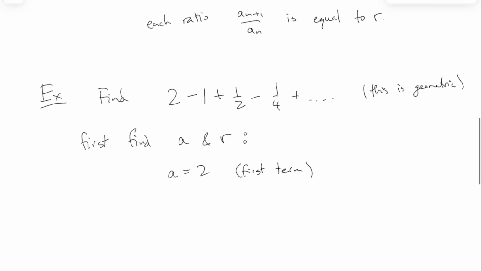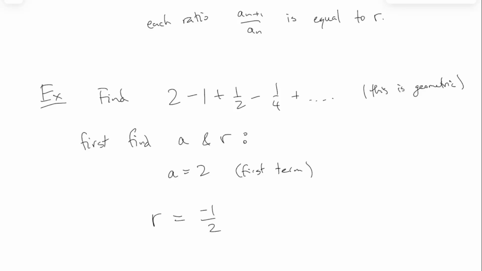And then R is the common ratio, which is always obtained by the next term divided by the previous one, and you should always get the same answer. So all you have to do is look at the first two. R, the common ratio: I'll take the second term divided by the first term, and you better include the signs. It should be negative a half.